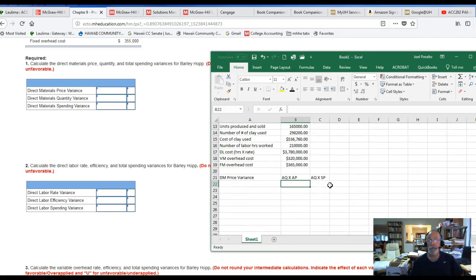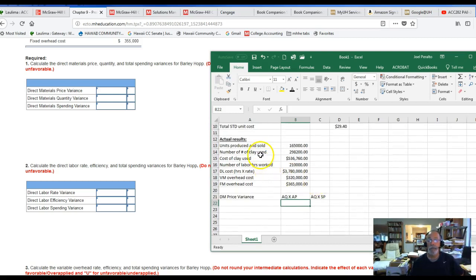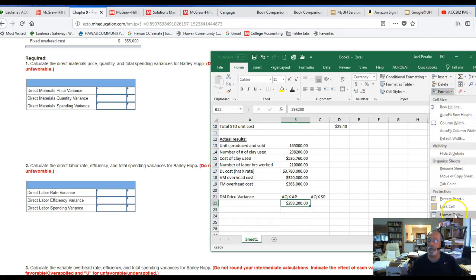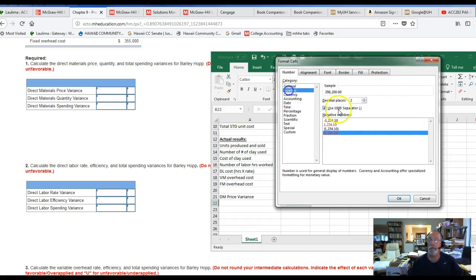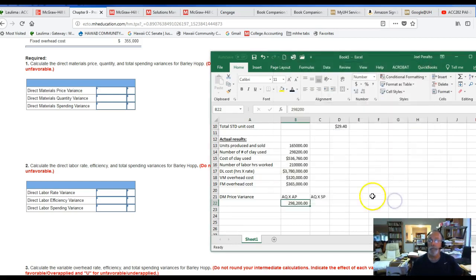So what was the actual quantity? Number of pounds of clay used, 298.2. That's our actual quantity. Those are pounds, so we want to format that as a number. And our actual quantity is the same for both calculations.